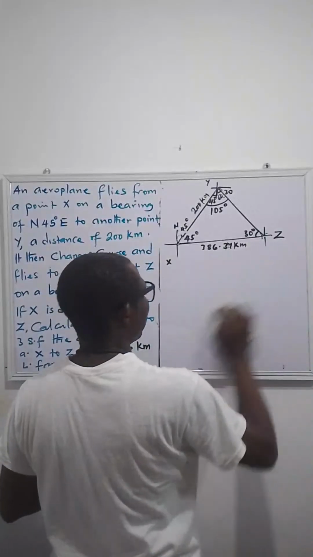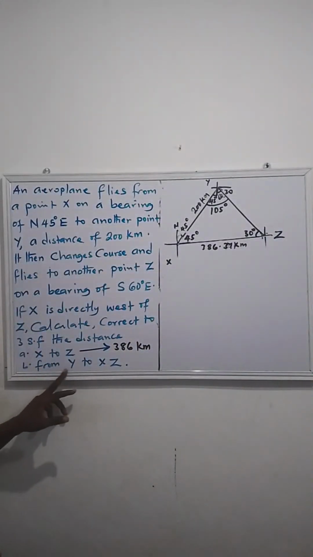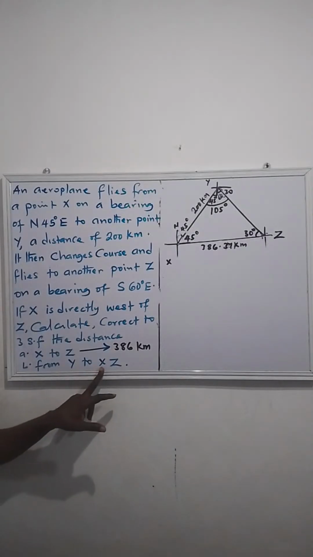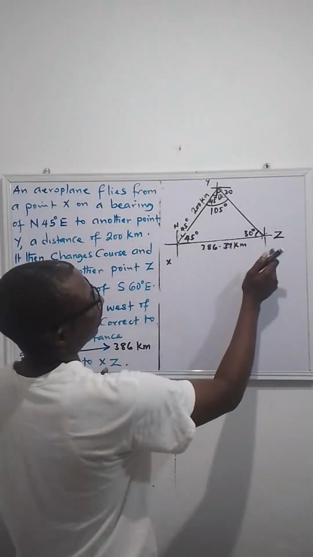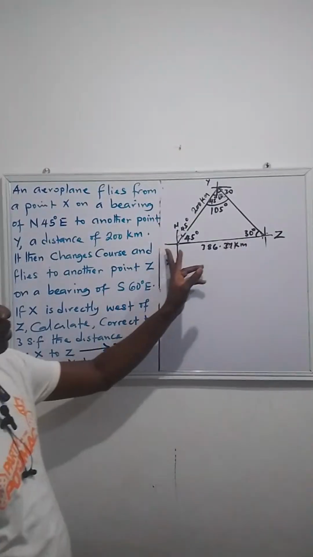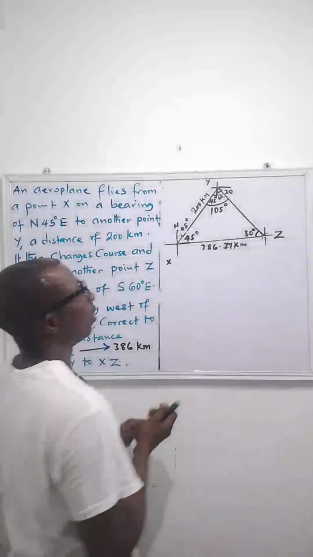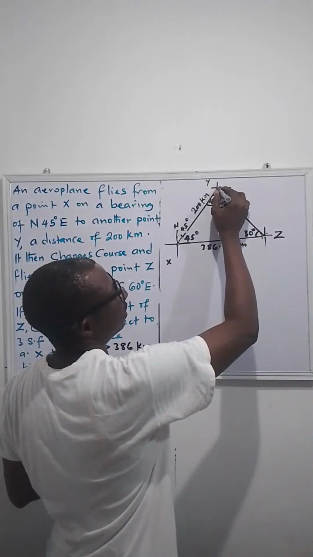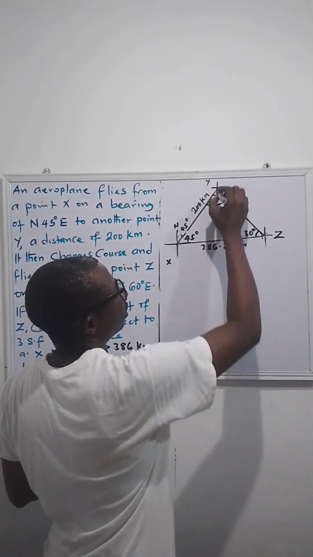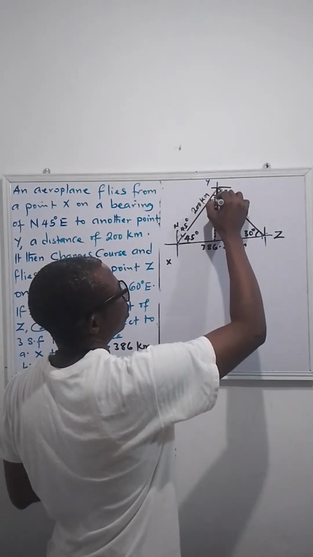The question asks for the distance from Y to line XZ. This is line XZ. So what's the distance? Don't forget, this is a straight horizontal line. Since we want the distance between these points, let's draw a straight line down.